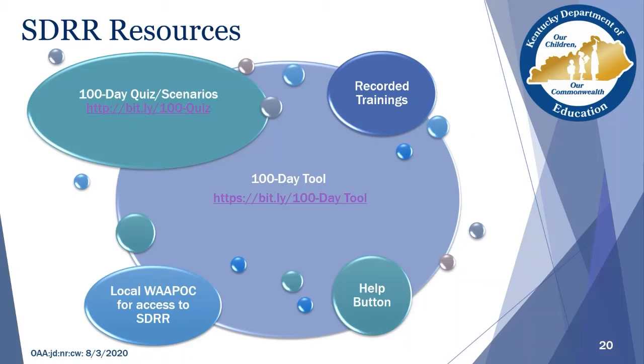We have the 100-day quiz or scenarios that you can take, and that's anonymous, so it can test your knowledge on how well you know the 100 days. And we have the 100-day tool that will assist you with your specific questions around your 100-day students.